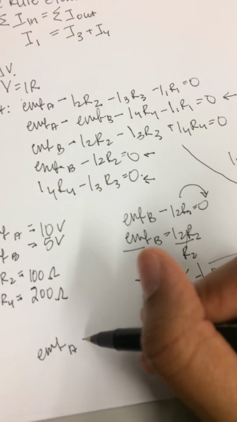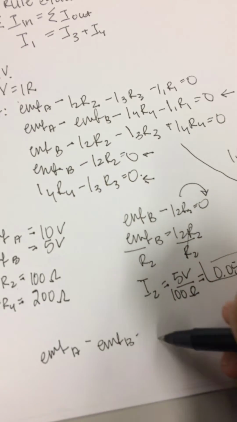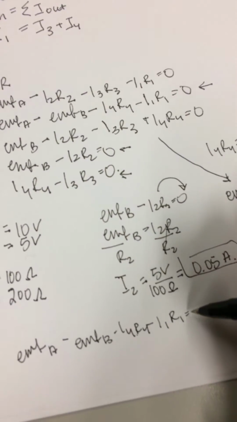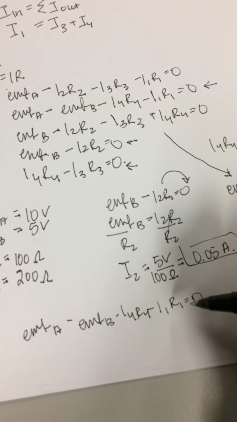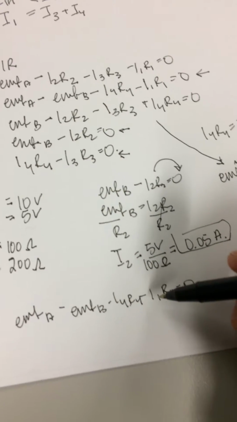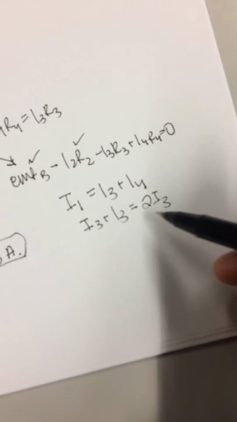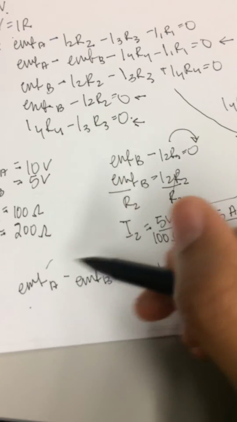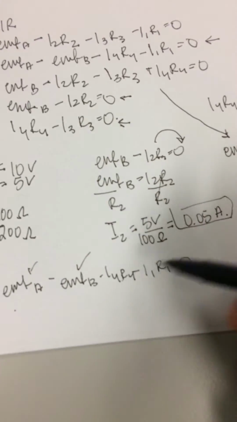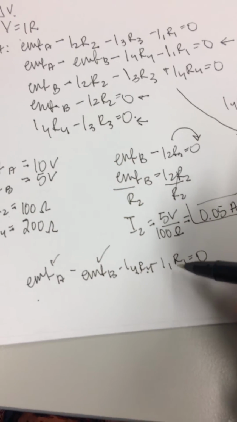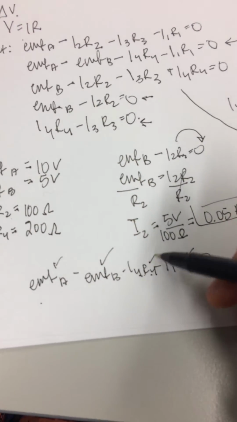EMF A minus EMF B minus I4R4 minus I1R1 equals 0. Using that equation, we can plug the values that we know in. We know that I1 is equal to 2I3, which we found using the node rule. So we can plug that in, and we know the values of EMF A and EMF B, and we can use that to find the value of I4R4, since we're also given the values of R1 and R4.